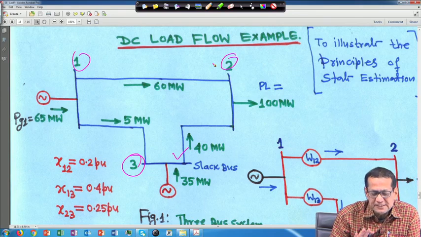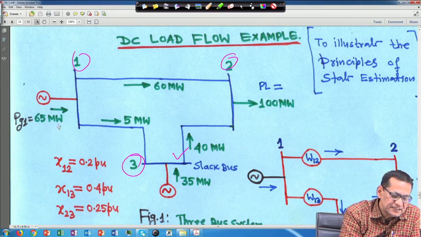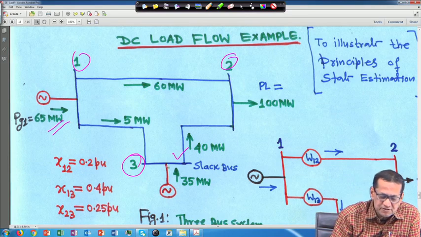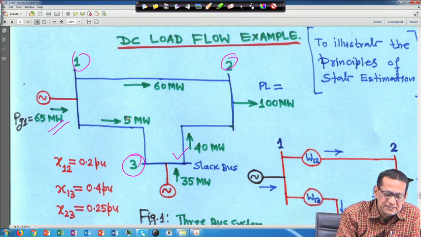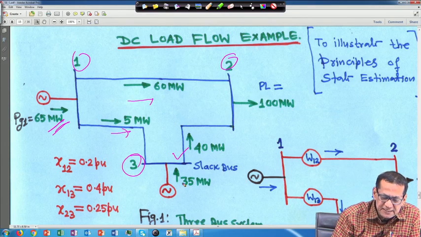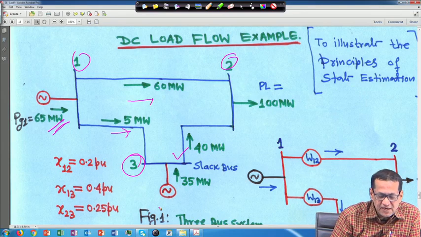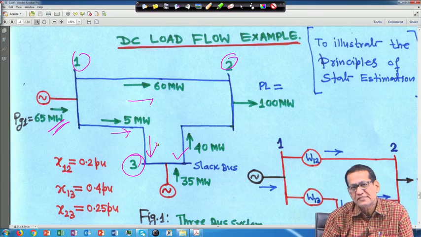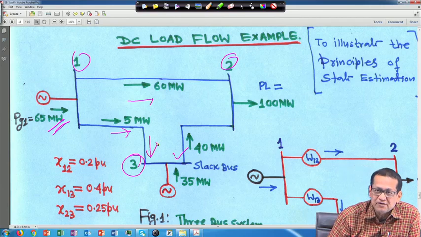Now, this is the generator. Suppose power is injecting here 65 megawatt. So 60 megawatt is going to this side and 5 megawatt in this direction, so total is 65. And here this generator is giving 35 megawatt, and another 5 megawatt injection on this side, so total is 40 megawatt injection.